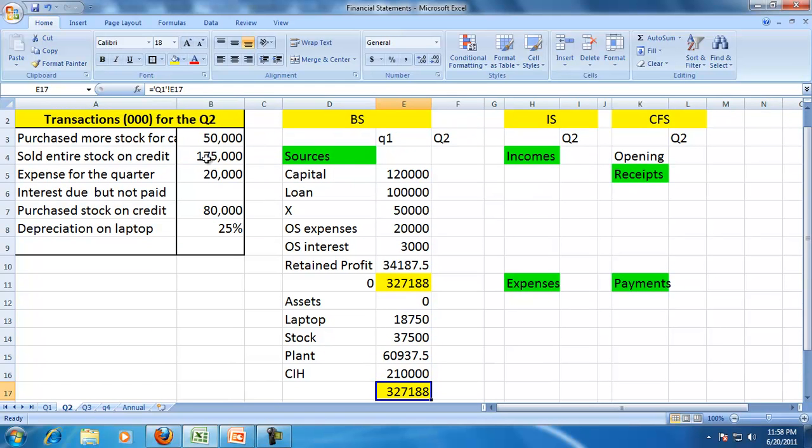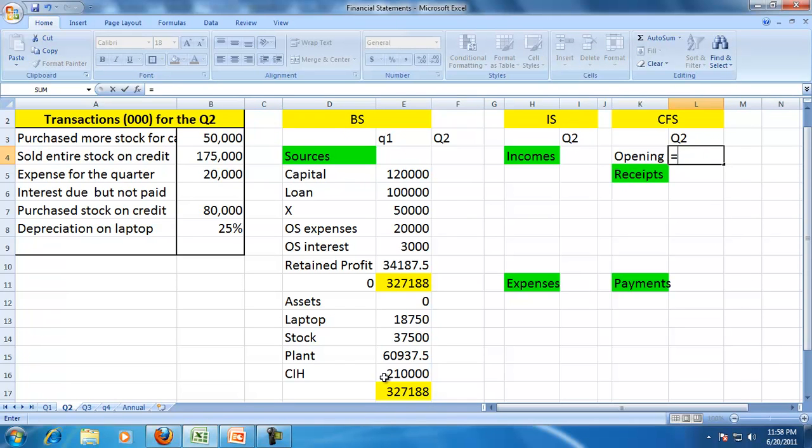Let us proceed now. During the quarter, once again I purchase some stock. Opening cash in hand was there. I purchased the stock for cash, so stock purchase is 50,000 and I paid for that. So my stock will go up by 50,000, and I sold the entire stock on credit. How much stock do you have?